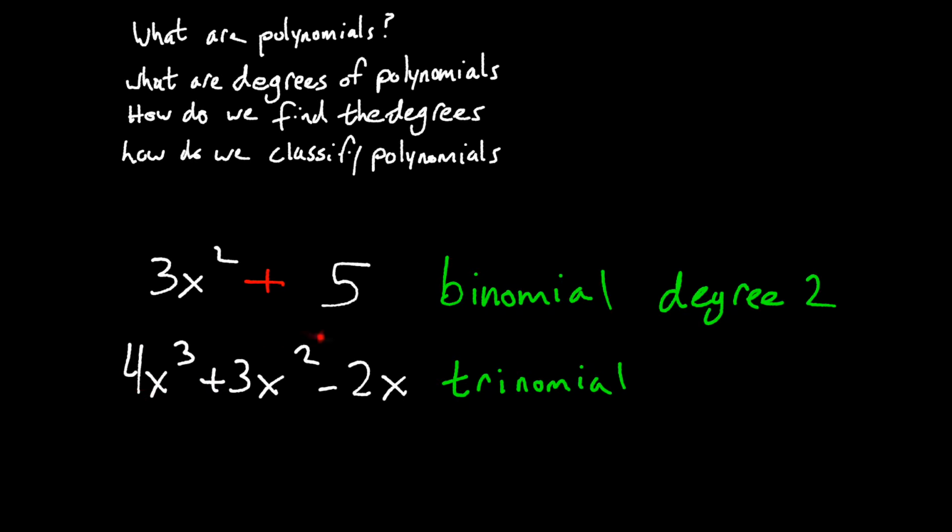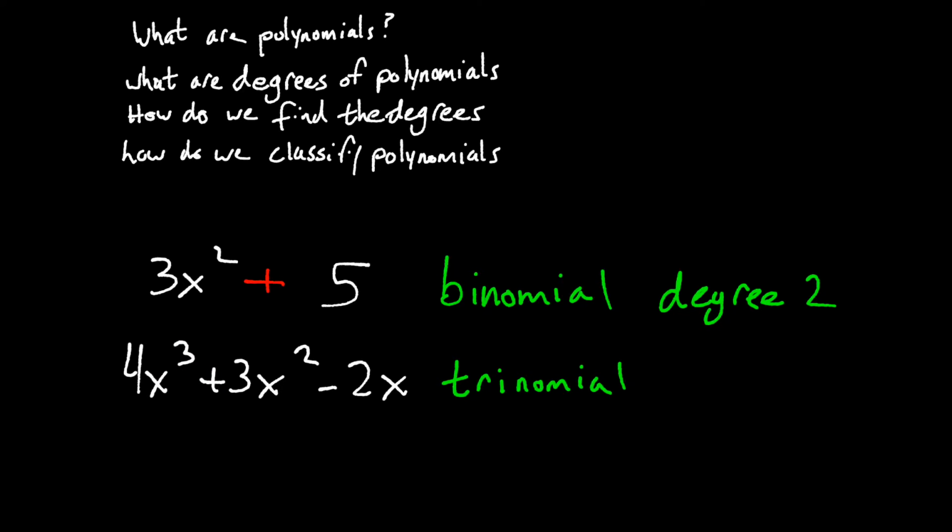Over here, we have 4x cubed plus 3x squared minus 2x. It's already in standard form because we go from power of 3, power of 2, power of 1. Our leading coefficient is 4. It's in front. So this is our degree, 3.